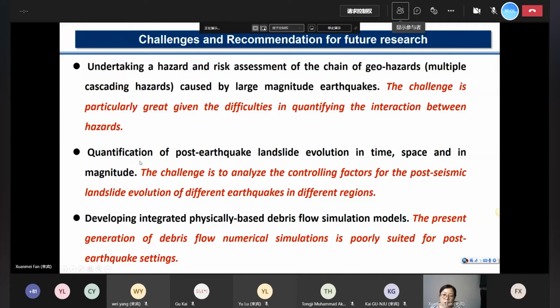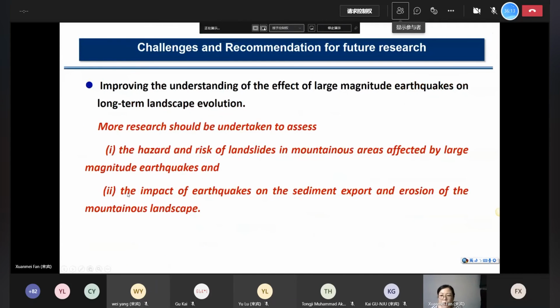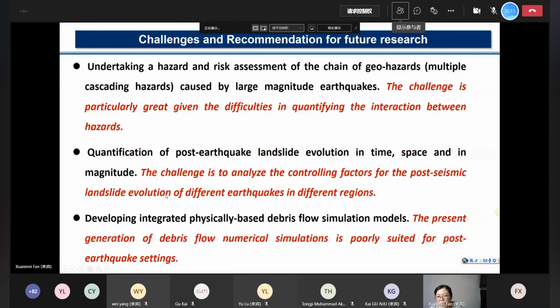And for the quantification of post-seismic landslide inventory in time, space, and magnitude, we already did field work on this. But the future challenge is to better analyze the controlling factors, and to do it for more earthquakes, because we built our model mainly based on the Wenchuan earthquake, and we hope in the future to look into more earthquakes globally.